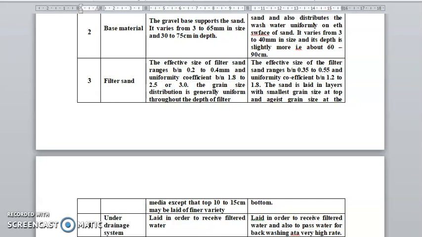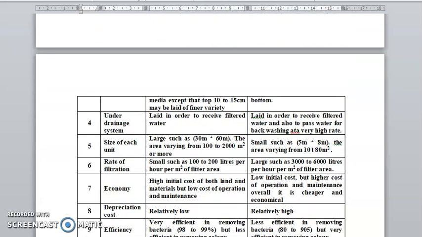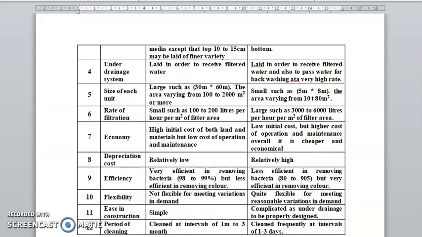In the rapid filter, the effective size ranges between 0.35 to 0.55 mm and the uniformity coefficient between 1.2 to 1.8. The sand is laid in layers with the smallest grain size at the top and the largest grain size at the bottom.